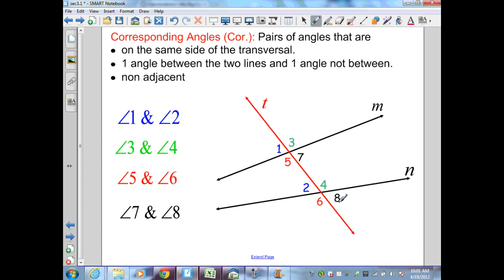But as in our previous angles, all of our pairs are formed by the transversal. Therefore, if I just select 5 and 6, both are formed by the transversal. Then they are formed by M for angle 5 and N for angle 6. Therefore, the key to identifying any type of special angles formed by a transversal and two lines is to identify the transversal first, because it has to help form both angles.